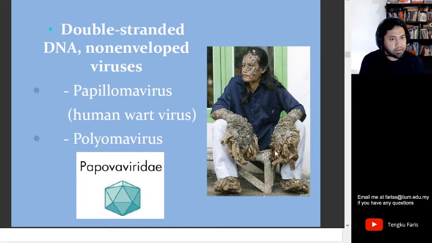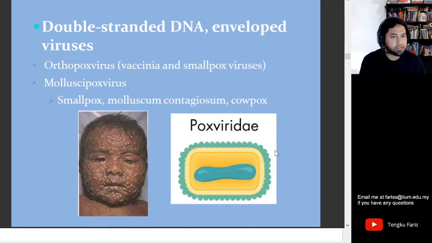Other than that, the genus includes Polio Virus. Double-stranded DNA enveloped viruses, for example Orthopoxvirus, cause vaccinia and smallpox. Molluscipoxvirus causes molluscum contagiosum, and also cowpox.